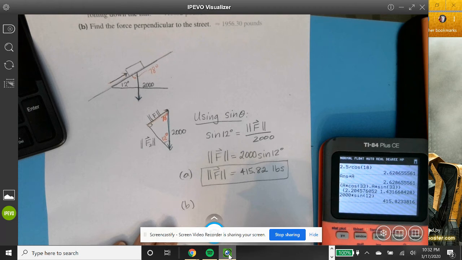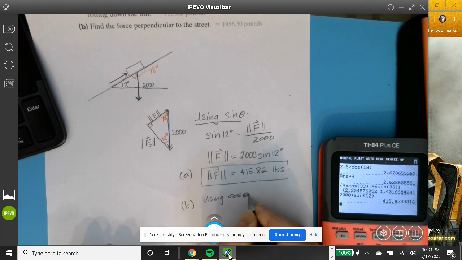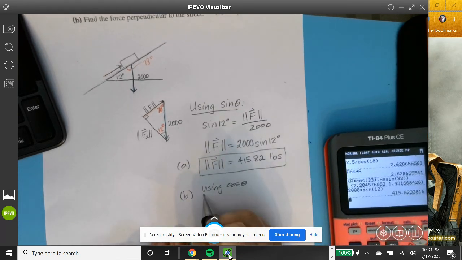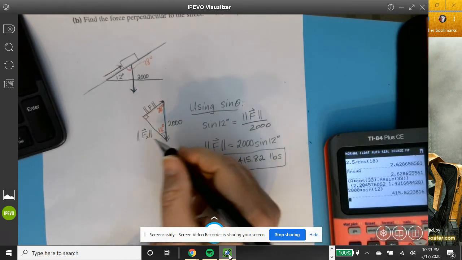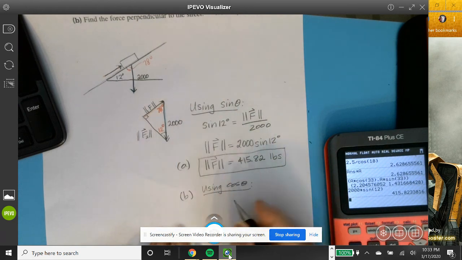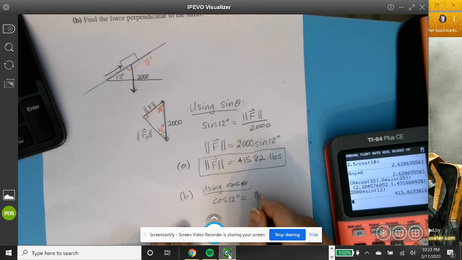All right, so should we use cosine just because we used sine a minute ago? Using cosine theta. If I want to know this, the adjacent is 12. So we'd say cosine of 12 degrees has to equal the adjacent, which is the force number 2 that I want to find, over the hypotenuse, which is 2,000. Right?